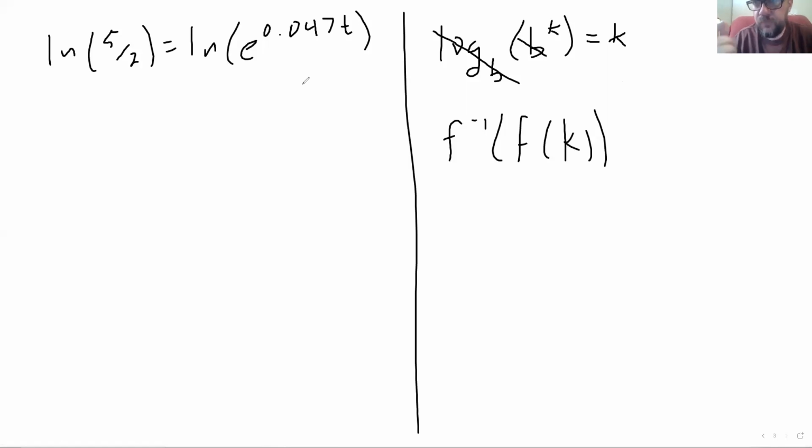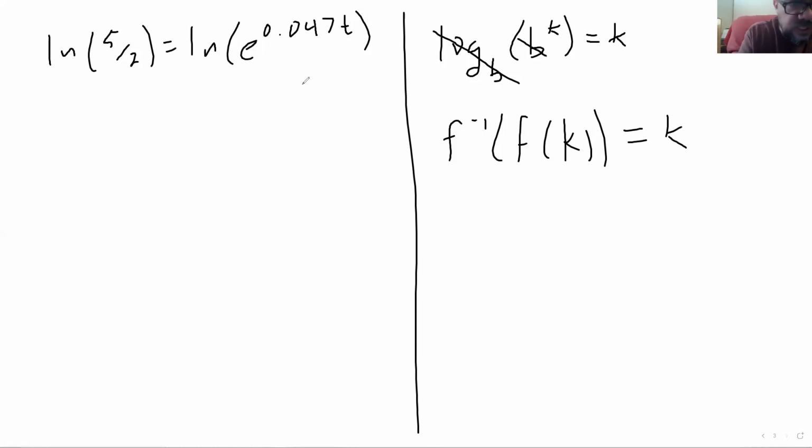And so just what we know about inverse functions is that f and f inverse cancel each other out, and you just get left with what you started with. This is k, right? This is what logs are supposed to do. They are supposed to cancel out exponentials. And natural log specifically cancels out e to the x. Just like log base 10 cancels out 10 to the x. Log base 2 cancels out 2 to the x, right?